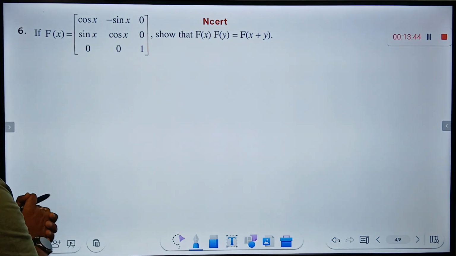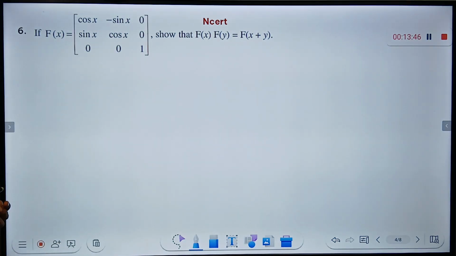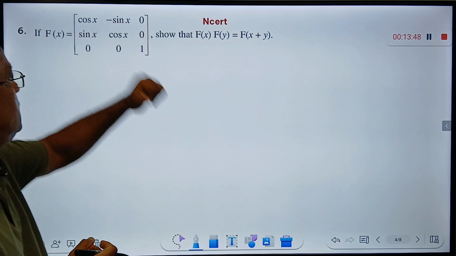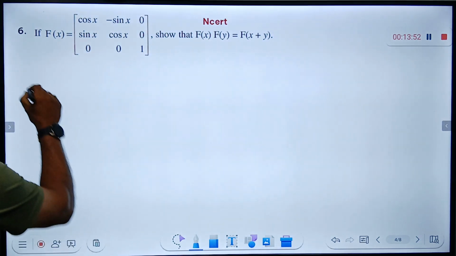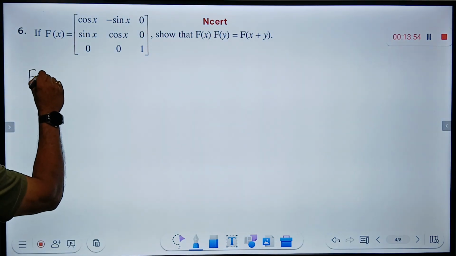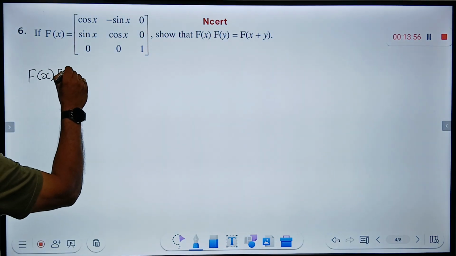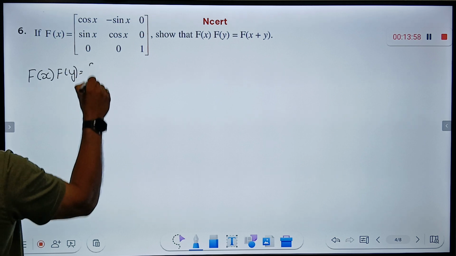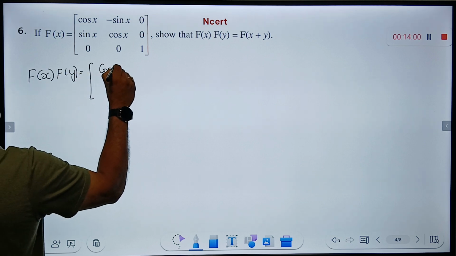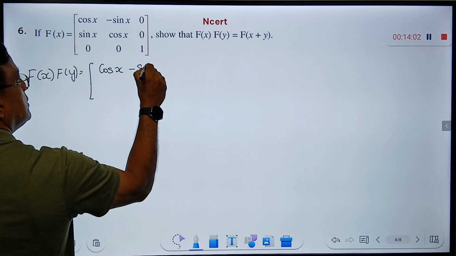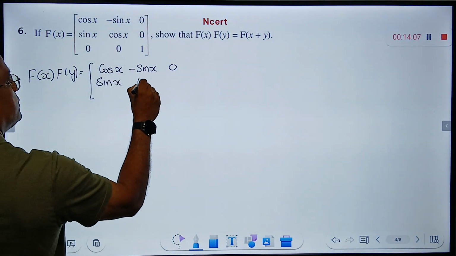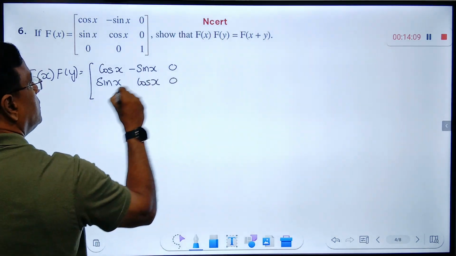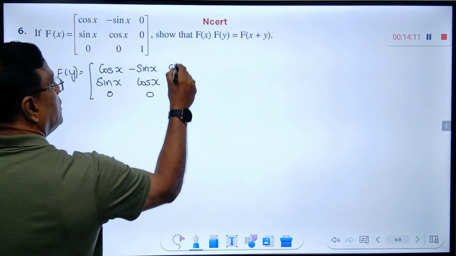Now this is an NCERT question again. F of x is given as cos x, etc. I have to verify whether this is true or not. Okay. So f of x into f of y. So what is f of x? Already given. Cos x, minus sin x, 0, sin x, cos x, 0, 0, 0, 1.